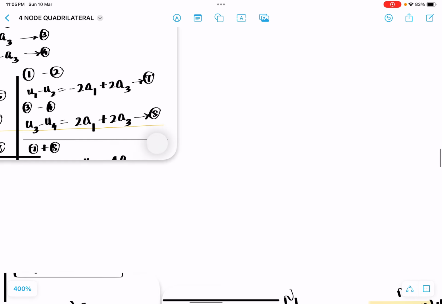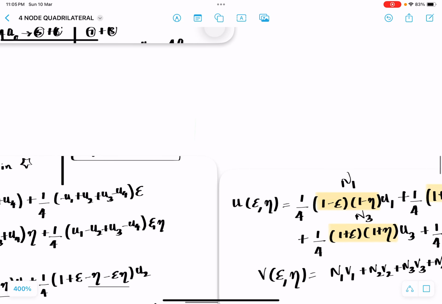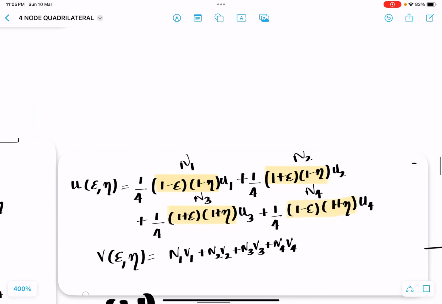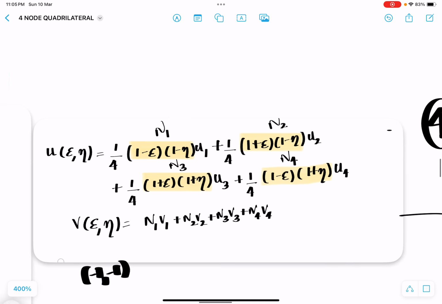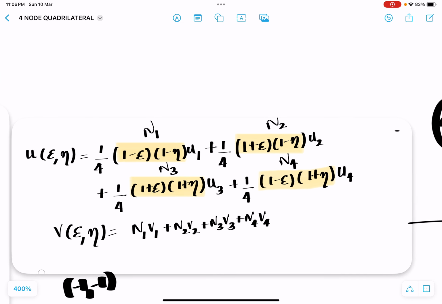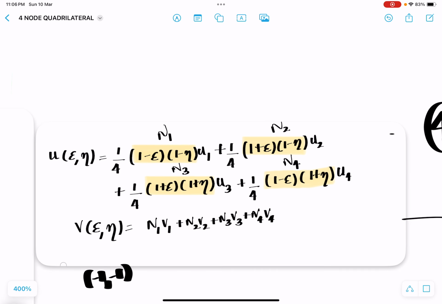We solved the 4 equations, substituted the values of A0, A1, A2, A3, and were able to take the coefficient of u1 outside, that is N1, the coefficient of u2 outside, that is N2, the coefficient of u3 outside, that is N3, and the coefficient of u4 outside, that is N4.